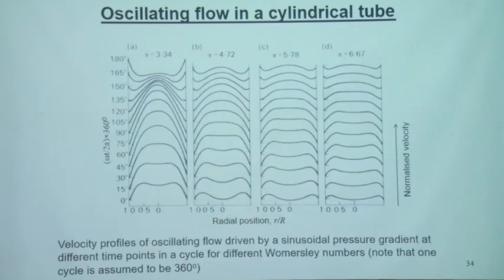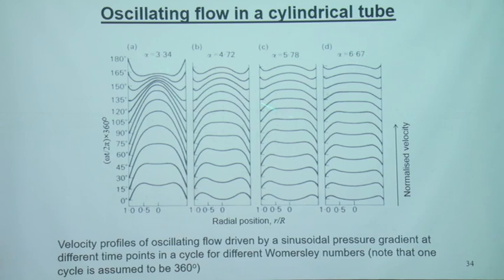In the next slides, I've got a few representative profiles, and this was taken from a textbook. If we take from the left to the right, we have alpha just over 3, and then we gradually increase alpha to about 6.67, so it's twice as big as over here.